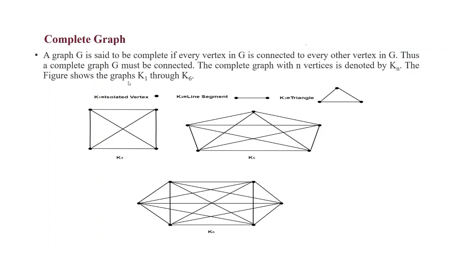The figure shows the graphs K1 through K6. So what is this n here? N is the number of vertices of the given graph.